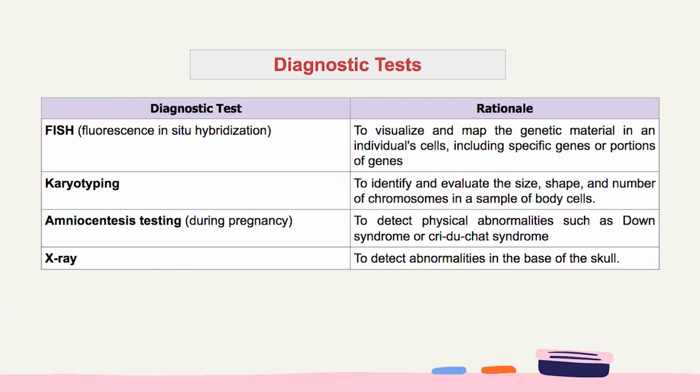It is to identify and evaluate the size, shape, and number of chromosomes in a sample of body cells. We also have amniocentesis testing. During pregnancy, it is to detect physical abnormalities such as Down syndrome or Cri-du-chat syndrome. Also, an X-ray will be performed to detect abnormalities in the base of the skull.